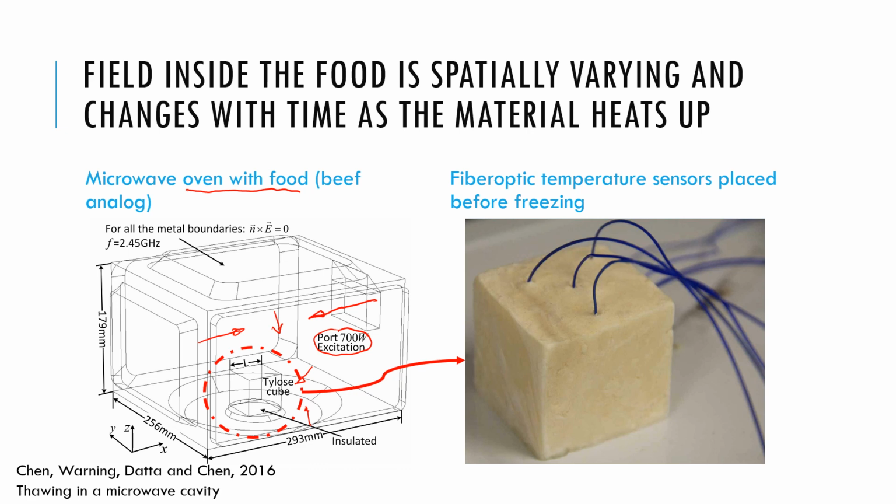Being a frozen material, as it heats, it thaws. And as we have talked about in terms of food properties, a frozen material, meaning water in ice form, does not absorb microwaves that much, whereas the thawed material, water, absorbs microwaves well. So the property of this thing changes quite a bit, and that changes the pattern inside.